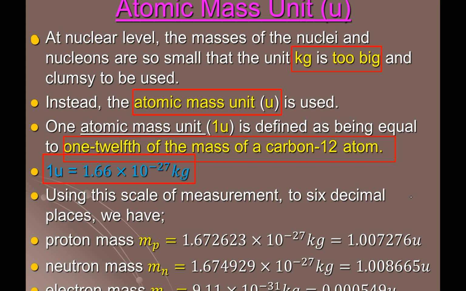If you try to check using a calculator, if you divide 1.67262 times 10 to the power of minus 27 kilograms by 1.66 times 10 to the power of minus 27 kilograms, you're most likely going to get 1.007276 u.